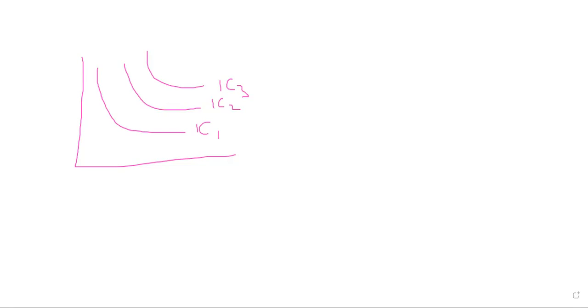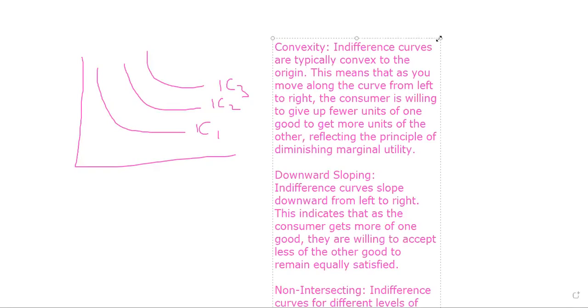So number one, they are convex. By convex, we mean they bow toward the origin. So they're convex. That is the first property. The second property is that they are downsloping.